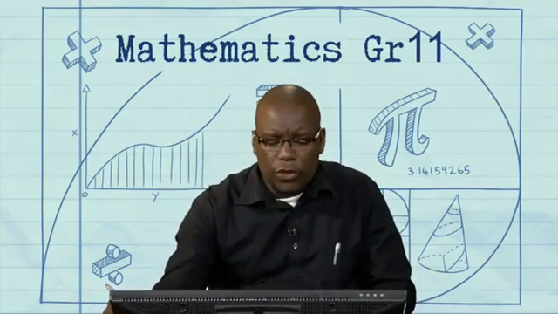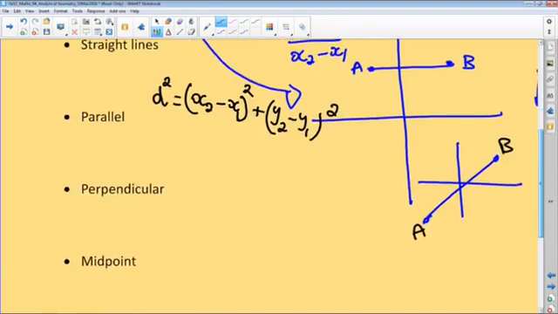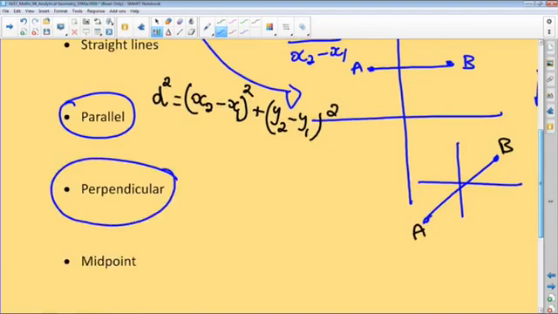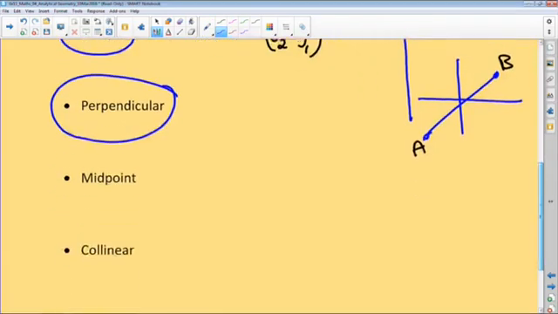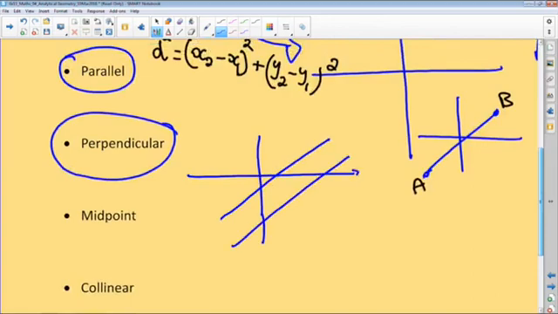And then with your straight lines, in this grade you'll be talking about parallel lines and perpendicular lines. We'll get to the activities just now. But if I just draw a picture like you guys are doing, these two lines, a rough sketch, this is your x, that is your y.